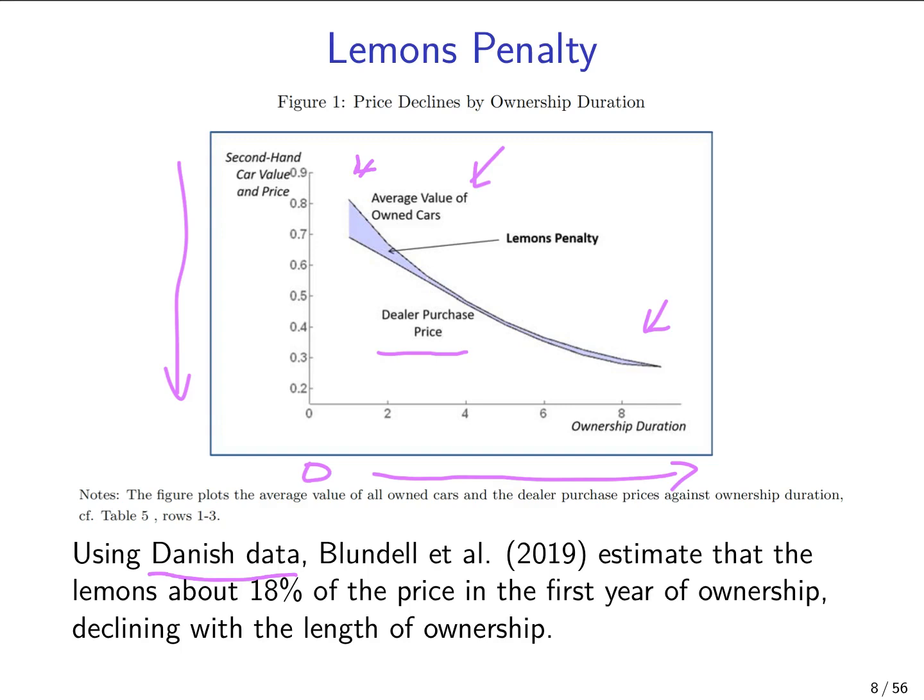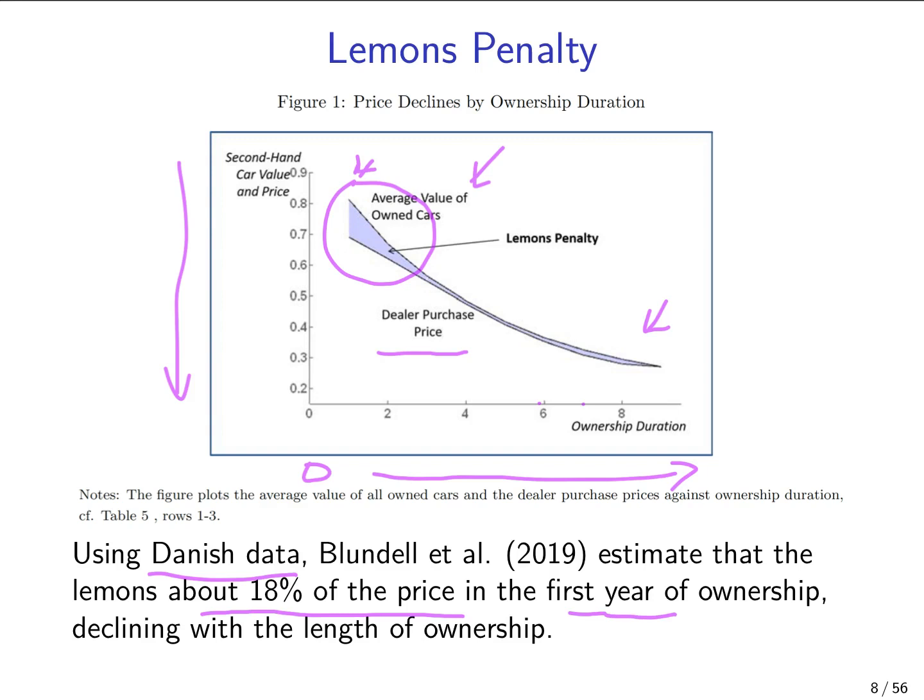When the ownership years is like 6 or 7 years, the gap is pretty small. It just gives a small profit for the dealer. But at the beginning, in the first couple of years, there's a large gap. In particular, they estimate that the lemons penalty is about 18% of the price of a new car in the first year of ownership.